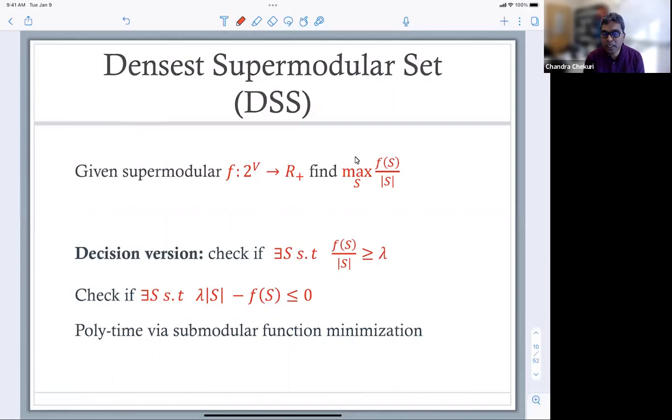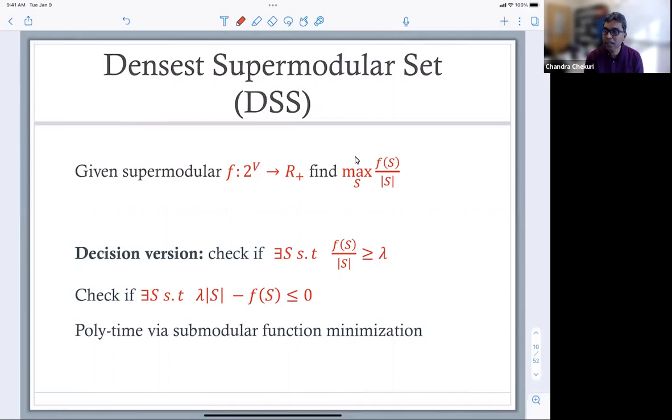So this problem is solvable in polynomial time, because if you look at the decision version, if you want to know, is there a set such that f of S over the size of S is at least lambda? Well, you just do the transformation, and it is true if and only if lambda times the cardinality of S minus f of S is less than or equal to 0.